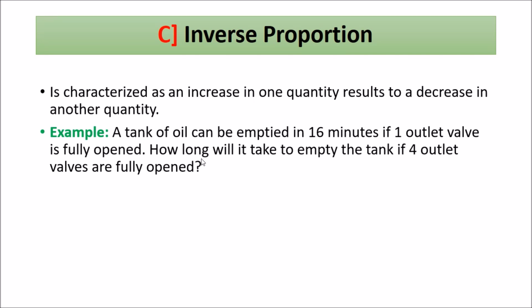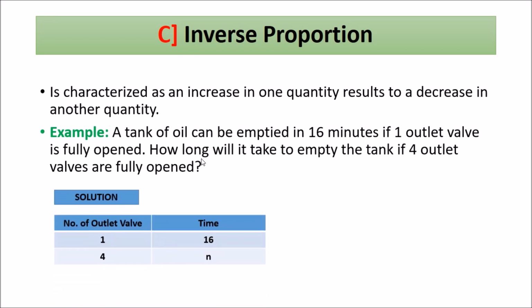A tank of oil can be emptied in 16 minutes if one outlet valve is fully open. Then how long will it take to empty the tank if 4 outlet valves are fully open?